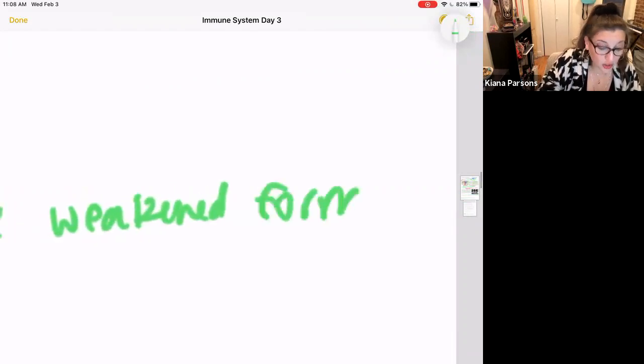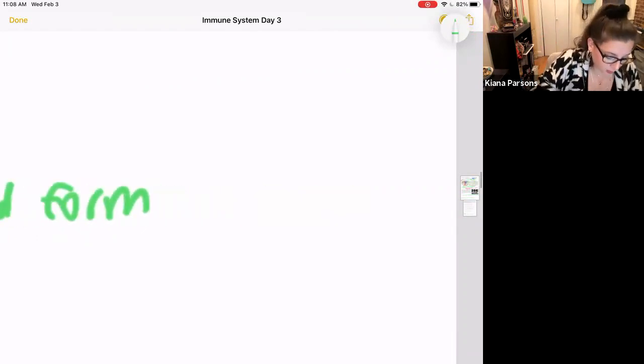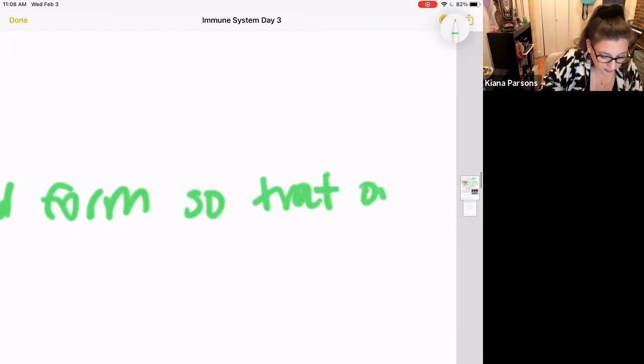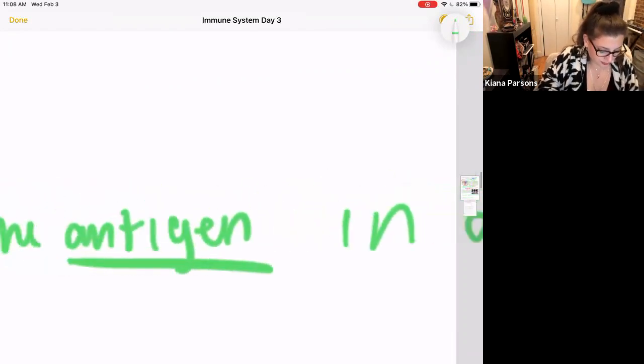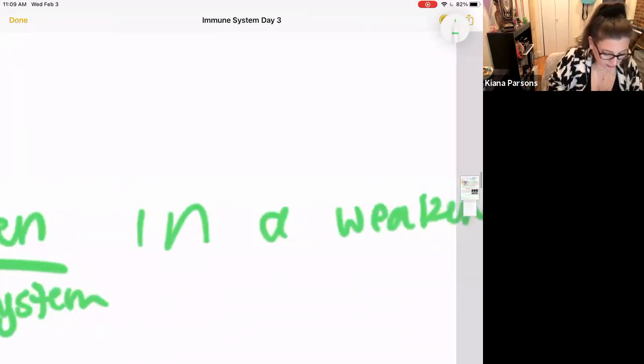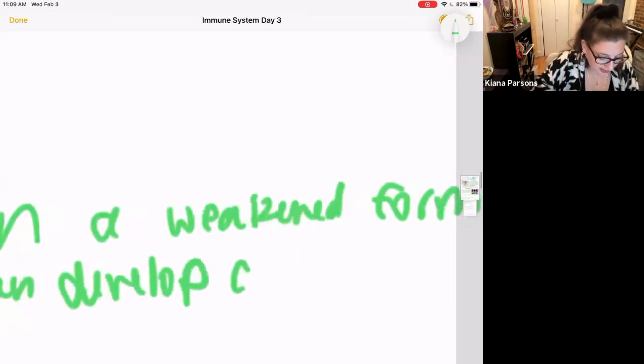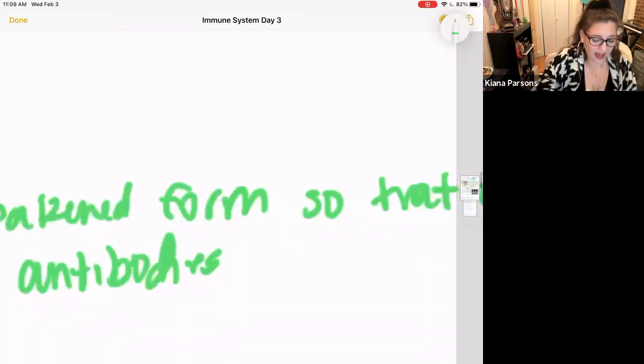So for example, in that case, just the antigen without the actual pathogen attached, in a weakened form so that our immune system can develop antibodies specific to that pathogen.